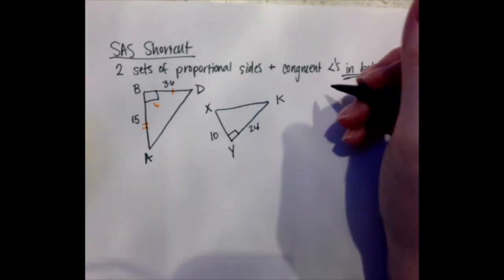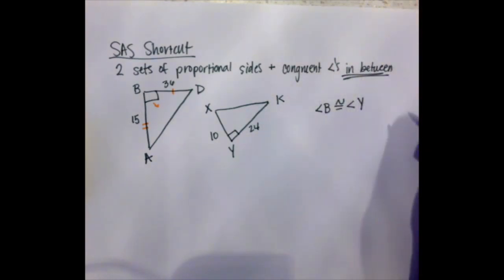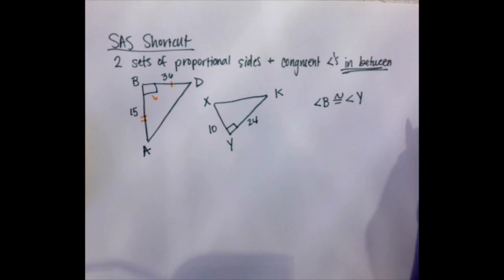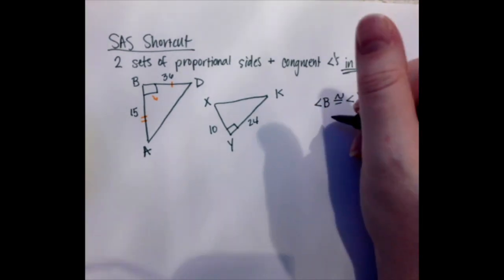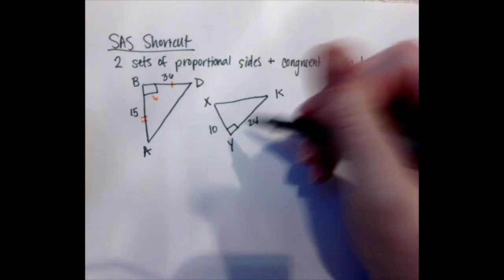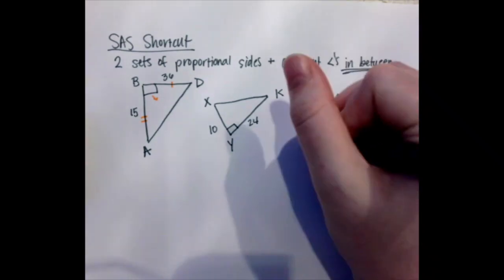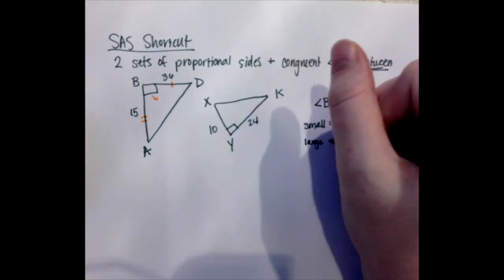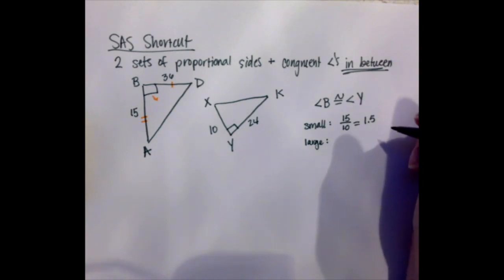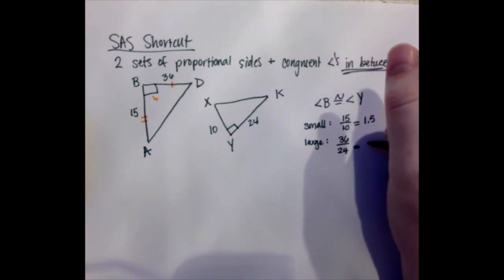So we know that angle B is congruent to angle Y because they're both right angles. So we know that we have the angle congruence. Now we need to prove that the sides are in ratio. So the smaller of the two are 15 and 10, which gives me 1.5. And the larger of the two is 36 over 24, which also gives me 1.5.